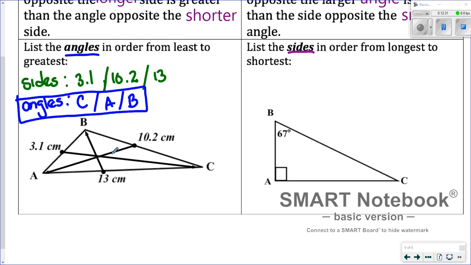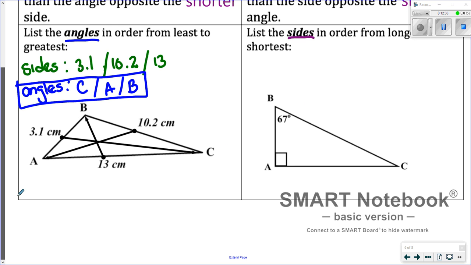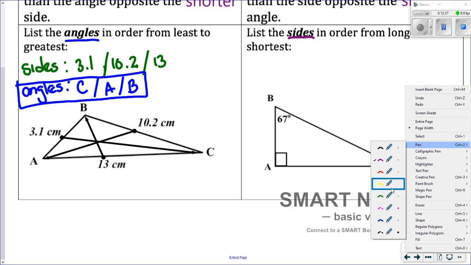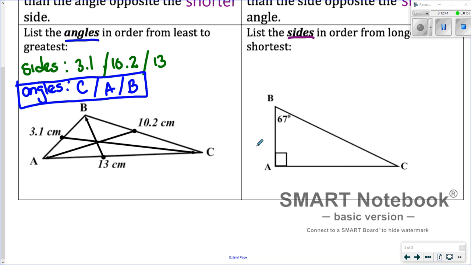So first we need to know what the angles are. I'll stick with the black. We know this symbol tells you that this is 90 degrees, and they already gave us 67. You know a triangle is 180 degrees.